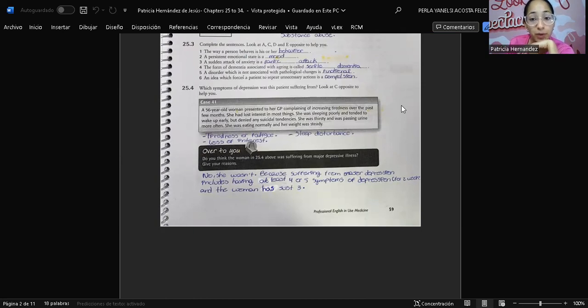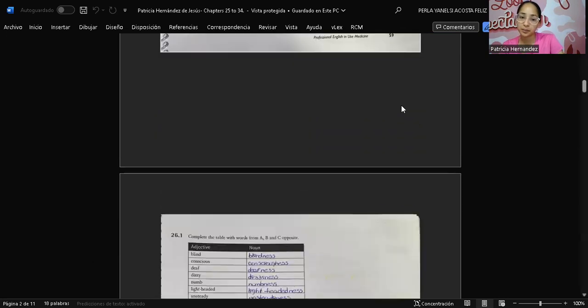She was sleeping poorly and tended to wake up early, but denied any suicidal tendencies. She was thirsty and was passing urine more often. She was eating normally and her weight was steady. Okay, her symptoms were tiredness or fatigue, loss of interest, and sleep disturbance.